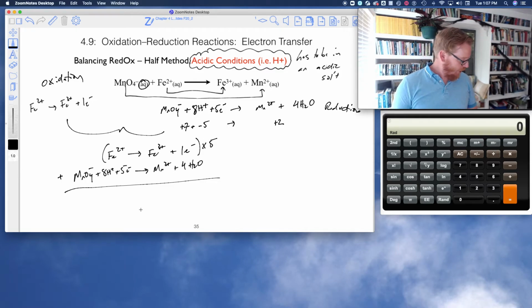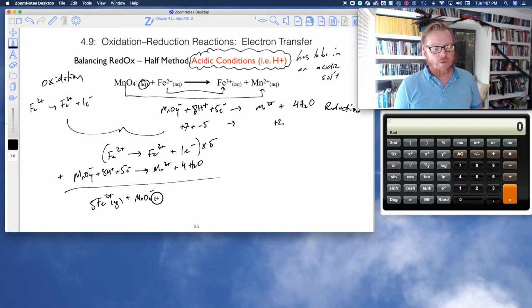Okay? And so I'm just going to write the result down directly. When I do that, I get 5 iron 2 plus aqueous plus 1 permanganate plus 8 hydrogens. We know the electrons are going to cancel, it's 5 and 5, okay?